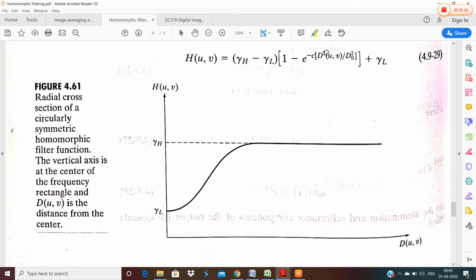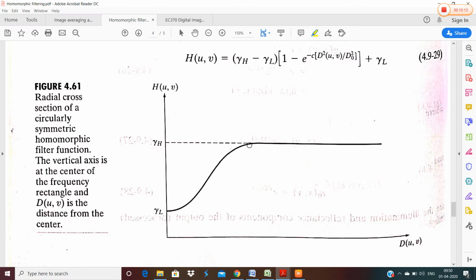For high values of D, this part will be very small compared to 1. So you can make this part 0. So the remaining part is 1. So H of u comma v is equal to gamma H minus gamma L plus gamma L. Gamma L and gamma L get cancelled. H of u comma v is equal to gamma H. So finally for high values of D, the response will be gamma H. In between you have a variation like this.